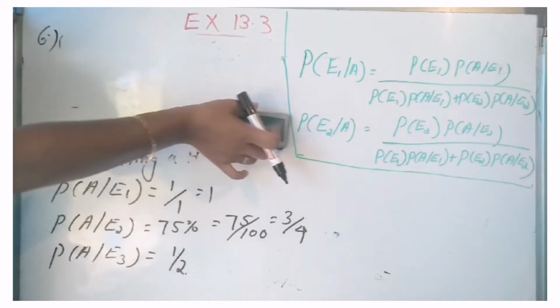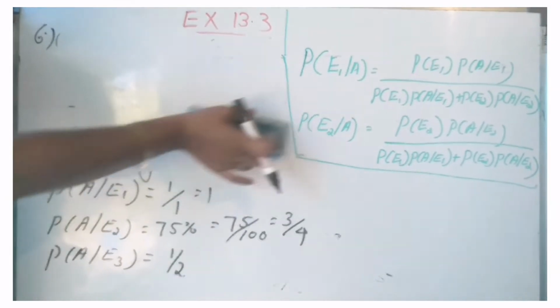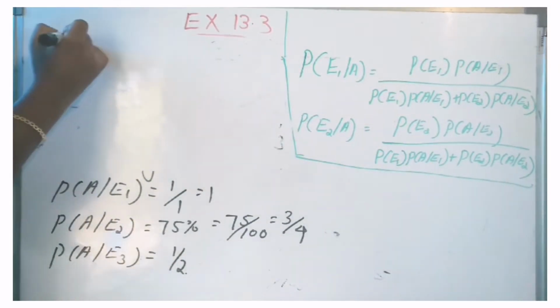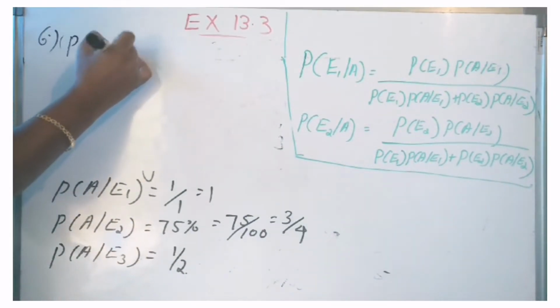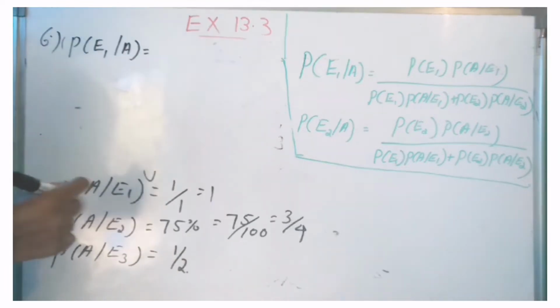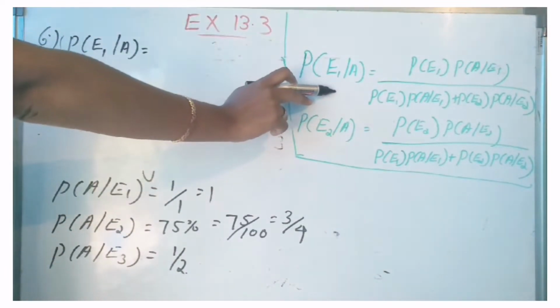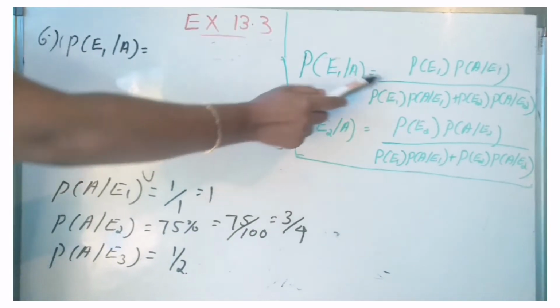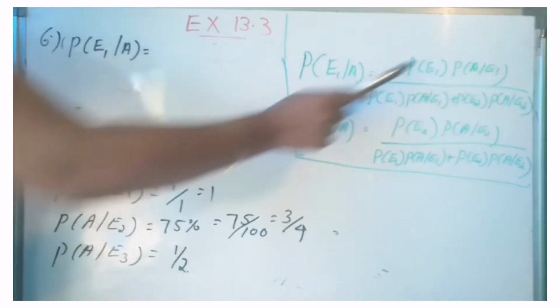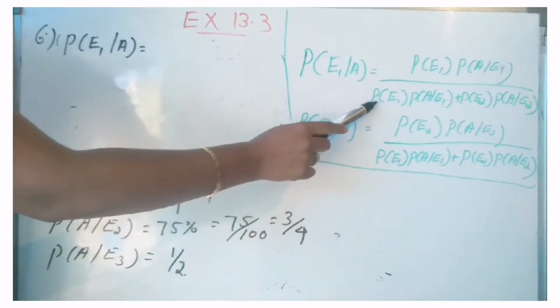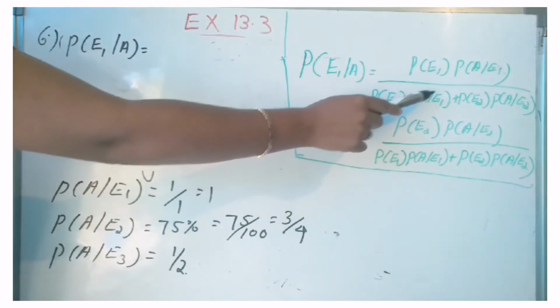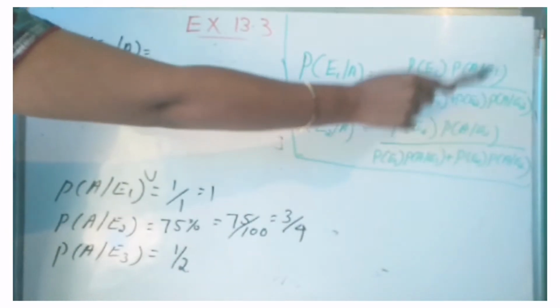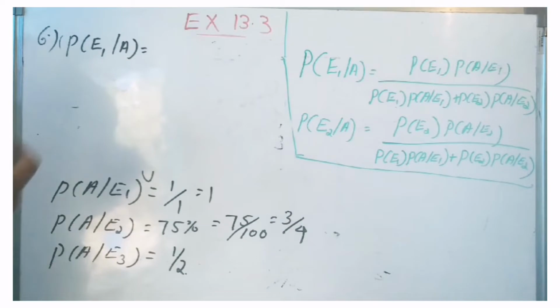P of E1 given A we need to find. By using Bayes' theorem, P of E1 given A is equal to P of E1 into P of A given E1, divided by P of E1 into P of A given E1 plus P of E2 into P of A given E2.